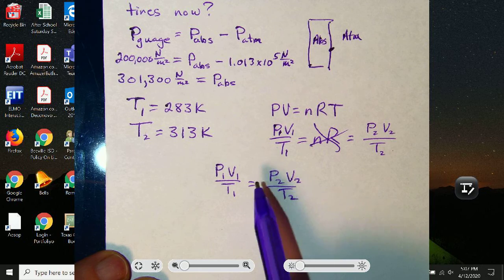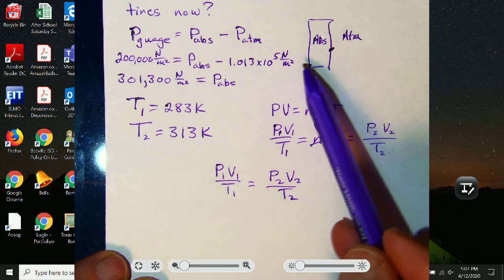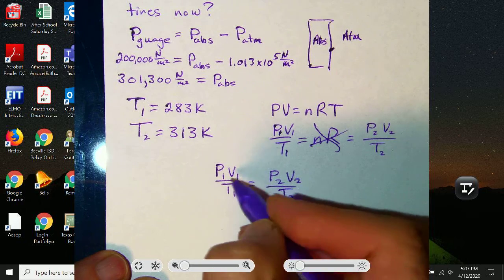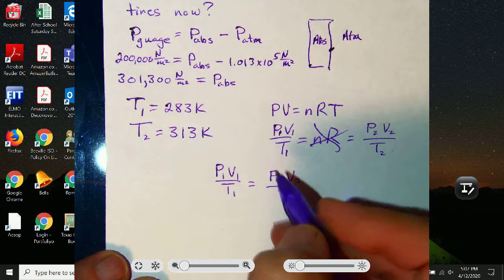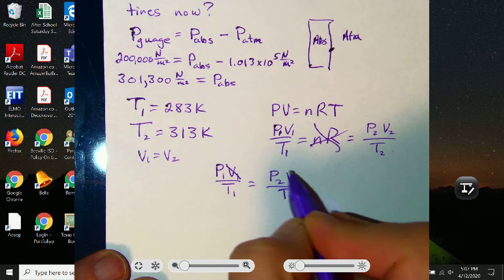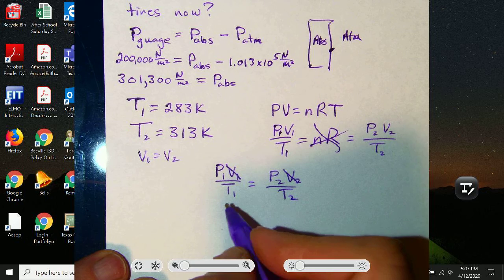But we've got something else that doesn't change here. It's our tire. It has the same volume. If it has the same volume, V1 equals V2, and those cancel out.